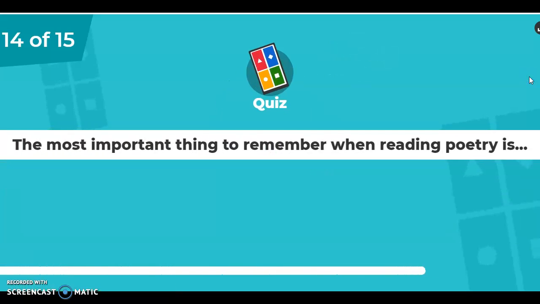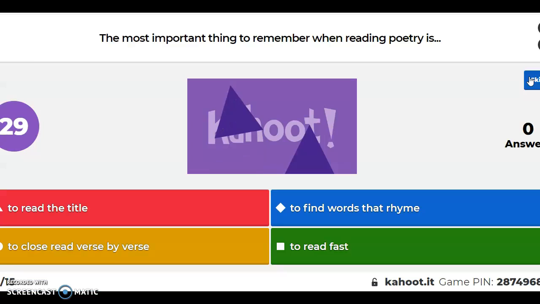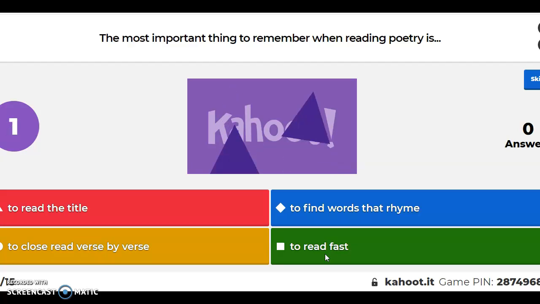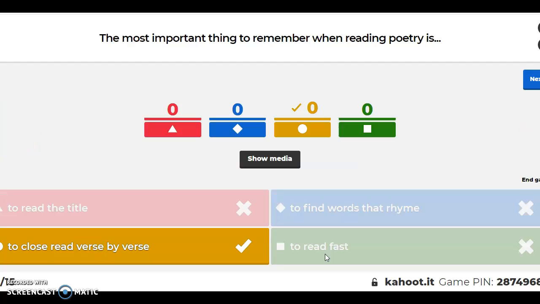The most important thing to remember when reading poetry is to read the title, to find words that rhyme, to close your eyes, to close read verse by verse, or to read fast. You want to read it closely.